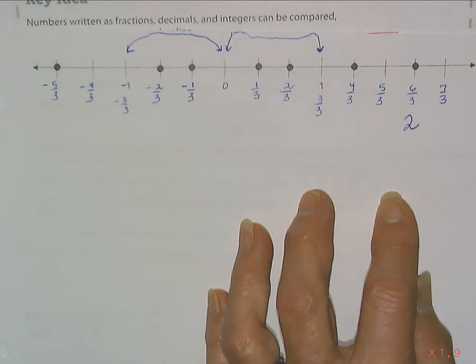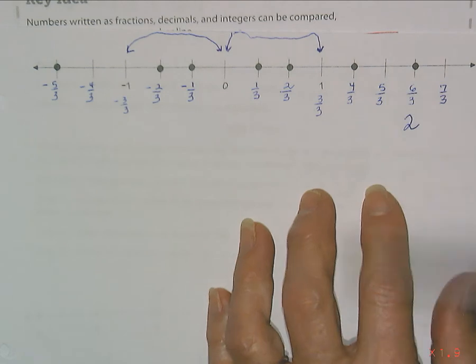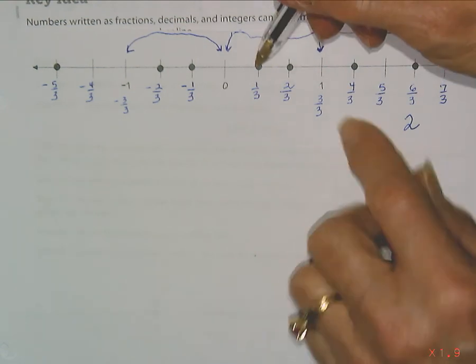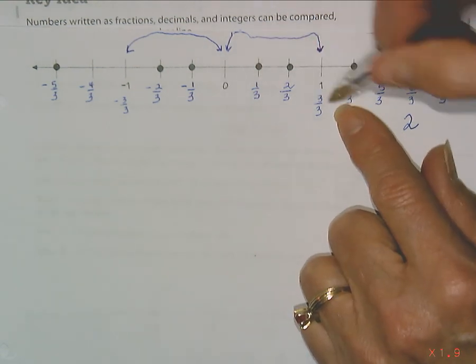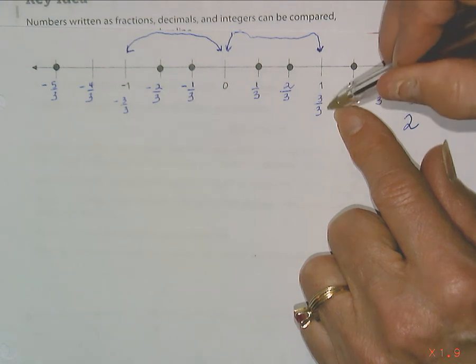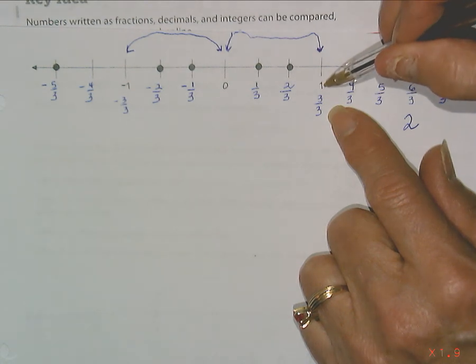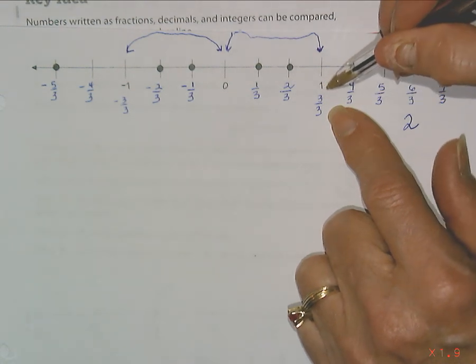It's the number 2. That's because, assume you had a candy bar. You took one big candy bar and you divided it into 3 even sections to share with your friends. Even though you divided it up into 3 pieces, you still have one whole candy bar, right? If you have all 3 sections, you have one whole candy bar. What do you have if you have another 3 equal sections?